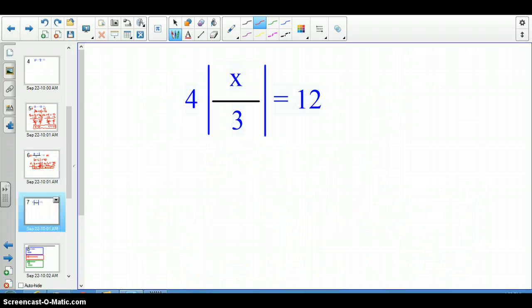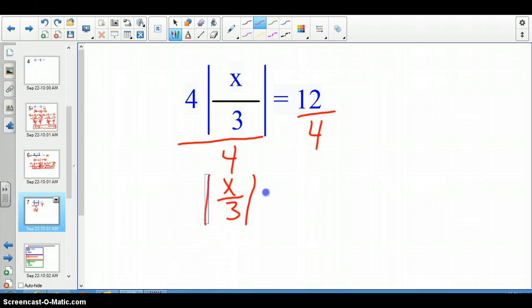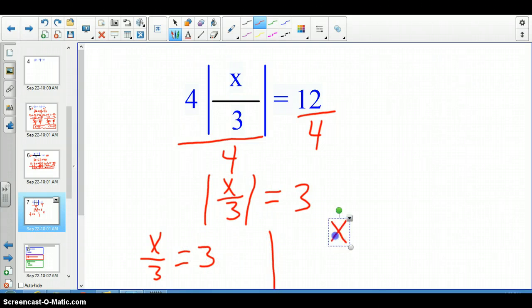This next one, I'm multiplying with this number out in front of the absolute value, so I have to divide. So I have absolute value of x over 3 equals 3. Now I can set up my two equations. x over 3 equals positive 3, and x over 3 equals negative 3.